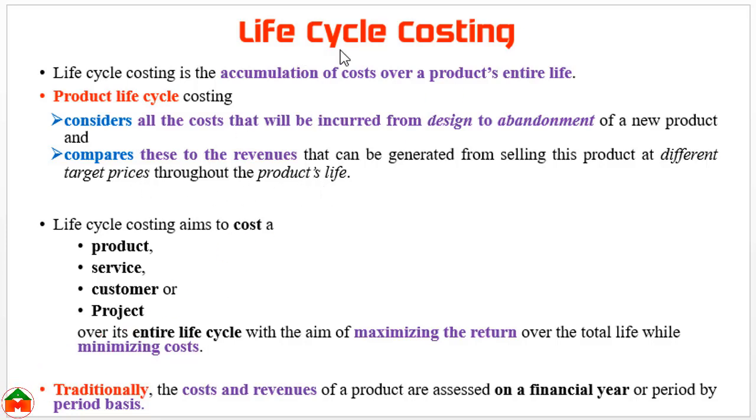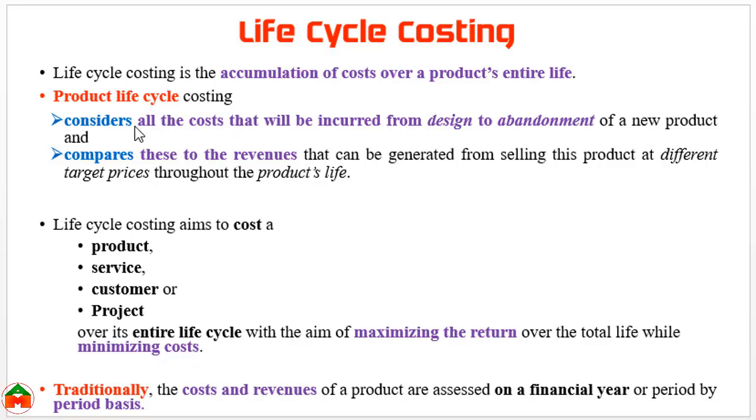And this life cycle costing can be calculated for a product, for a service, for a customer, for a project over its entire life cycle, with the aim of maximizing the return over the total life while minimizing cost. That means the purpose of life cycle costing is to maximize the return by minimizing the cost.